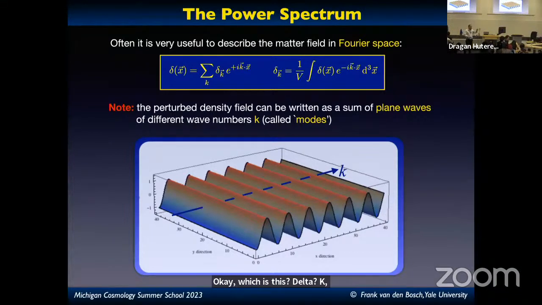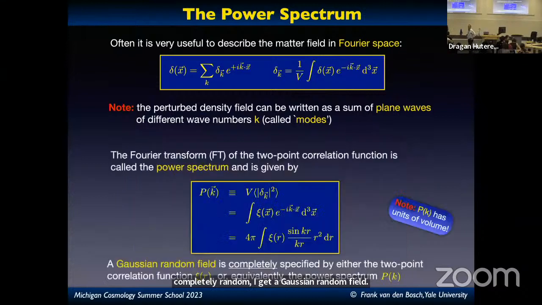It has a wavelength, which is related to the wave number k, and it has a direction. If I take a whole bunch of those things with different random phases and add them together, I get a random field. And if the phases are all completely random, I get a Gaussian random field. That means I can write my density field just as a sum over plane waves. Delta k is the inverse of the Fourier transform of the density field.